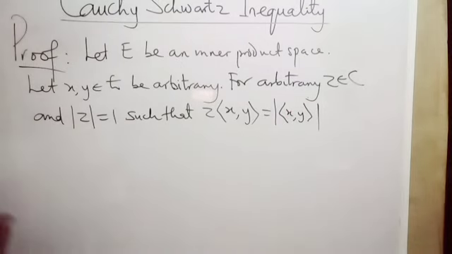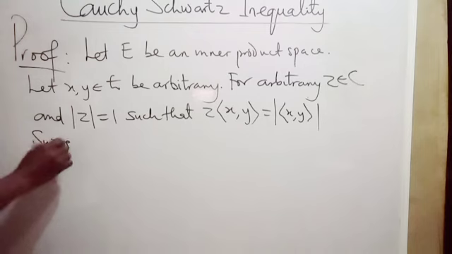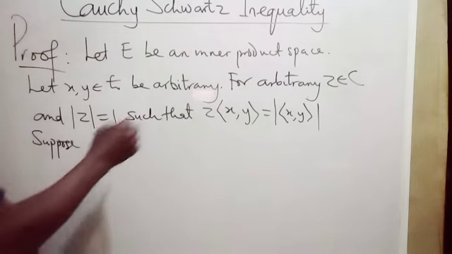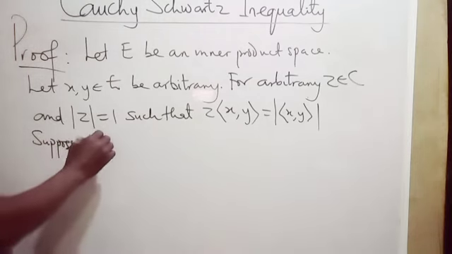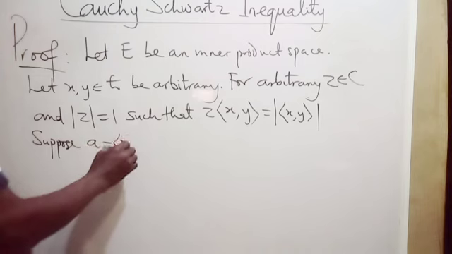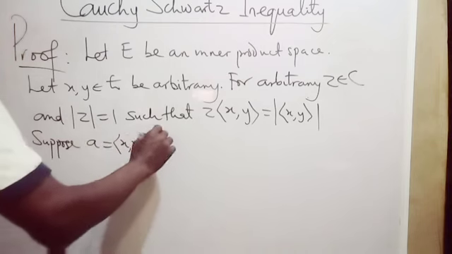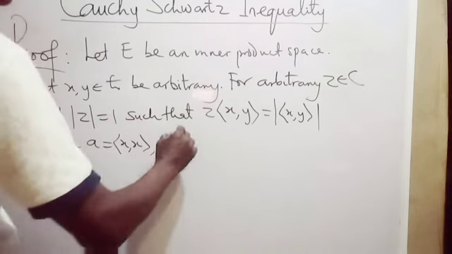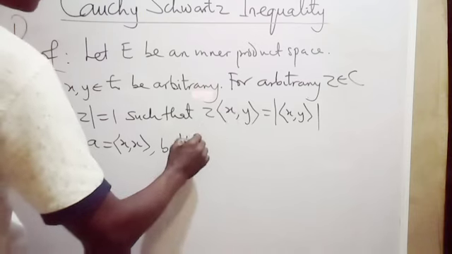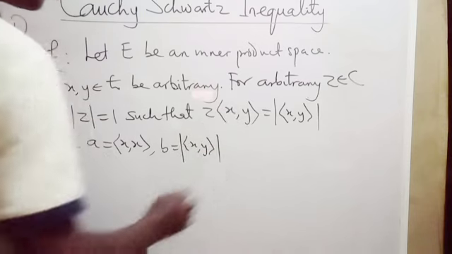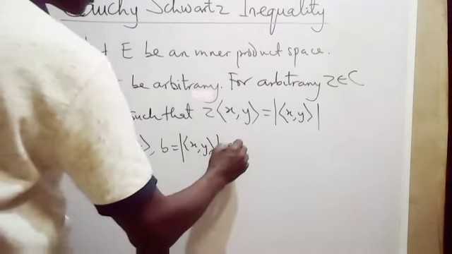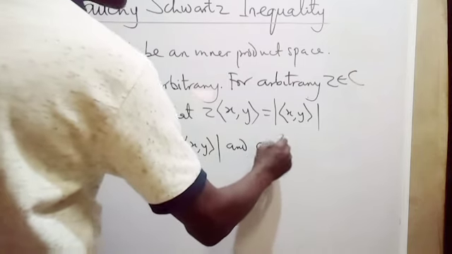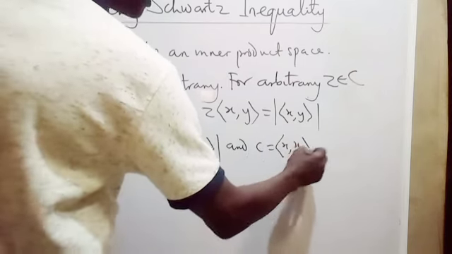Now, suppose A is equal to the inner product of x, x, B is equal to the absolute value of the inner product of x, y, and C is equal to the inner product of y, y.